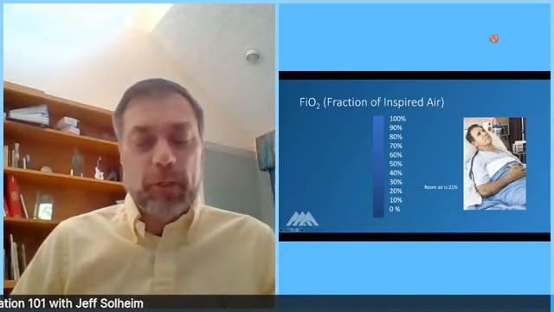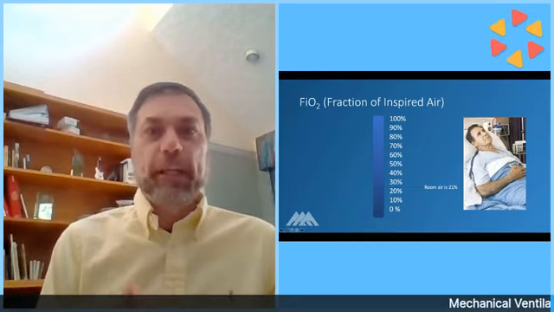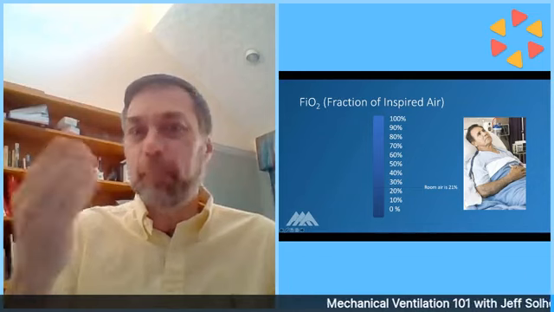Room air is 21% oxygen and about 79% nitrogen, right? So if I don't put any oxygen into the ventilator circuit, I'm going to give my patient 21% FiO2 because that's room air. But if I want my patient to have more oxygen against the alveolar surface, I simply need to increase the FiO2. By increasing it, I'm adding extra oxygen into the circuit that will end up going down into the alveoli.